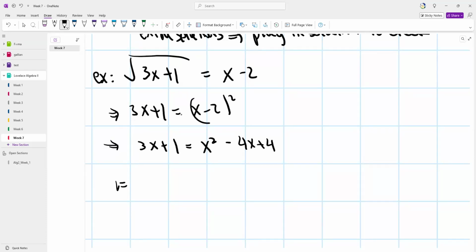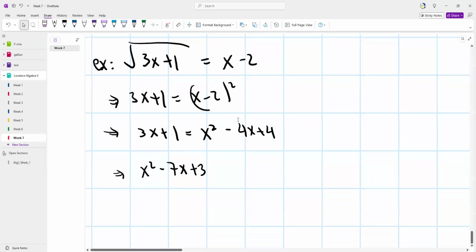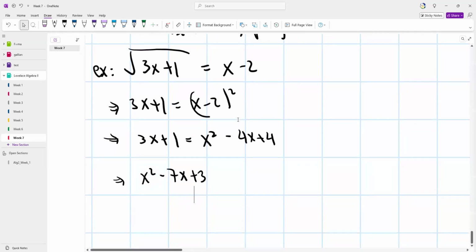then you should get x squared minus 7x plus 3. Is this right? Right, okay.